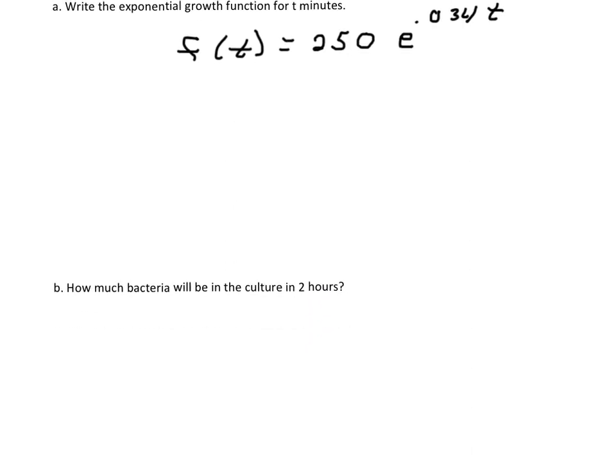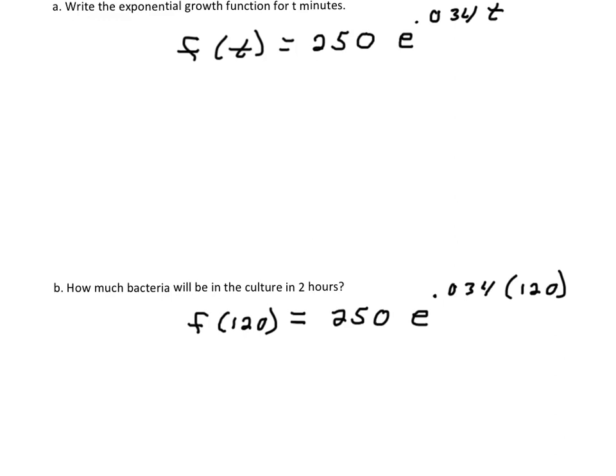Okay, let's go ahead and get started here. This is what you should have. First of all, how many minutes are 2 hours? Well, yes, 60 minutes per hour, so 120. So f of 120 is equal to 250 times e raised to the 0.034 times 120.